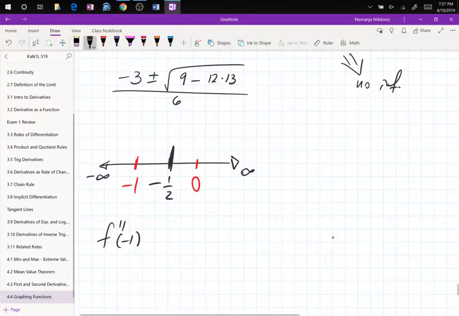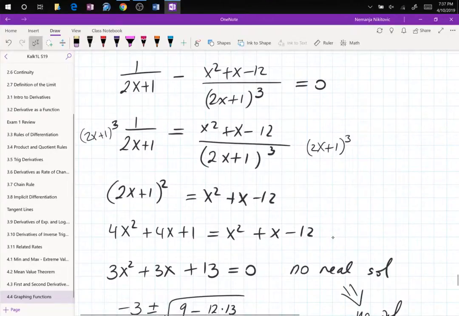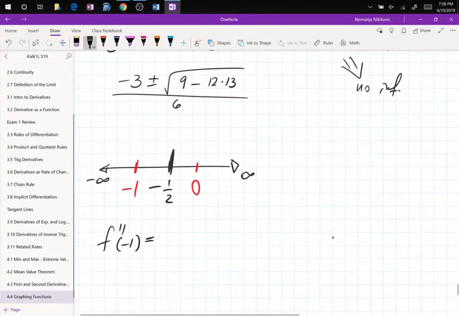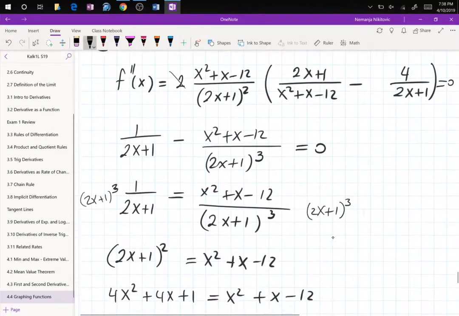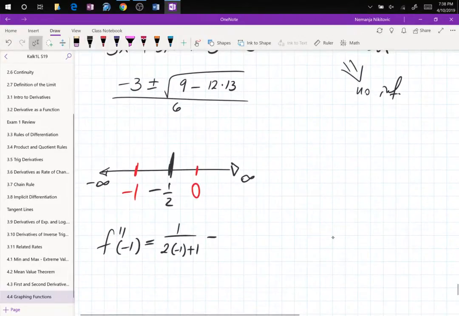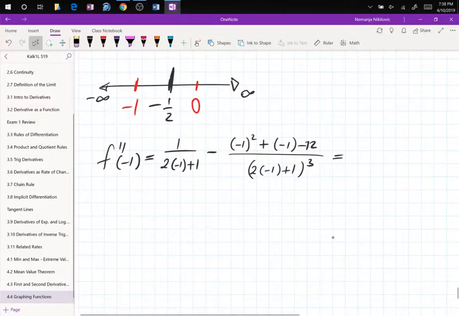The second derivative at negative 1 is equal to, and we'll take the simplified form where I multiplied it through, 1 over 2 times negative 1 plus 1, minus x squared plus x minus 12 divided by 2 times negative 1 plus 1 raised to the third power. Now, we don't like odd powers because they preserve whatever the sign is inside, so you have to compute.